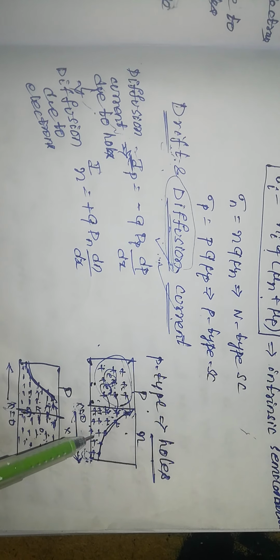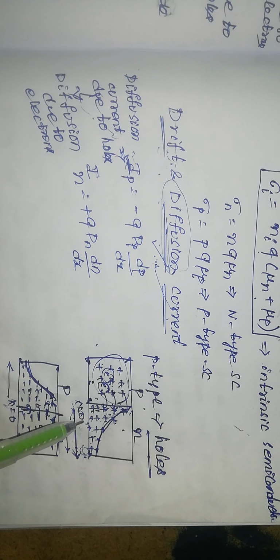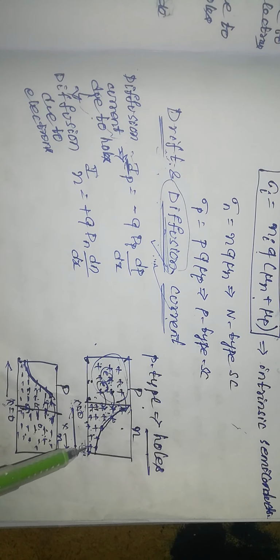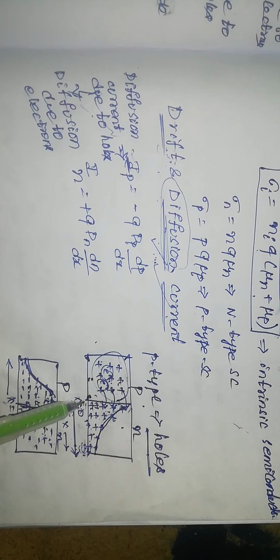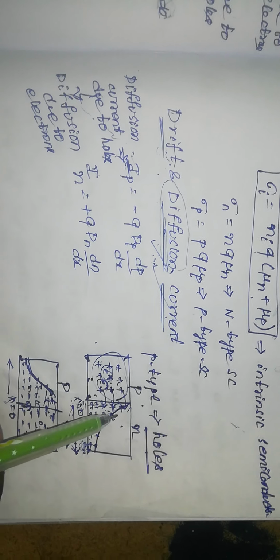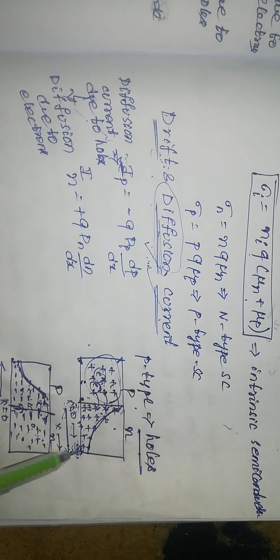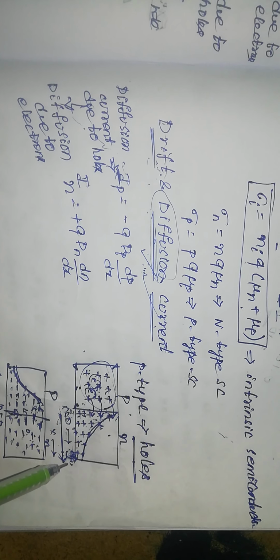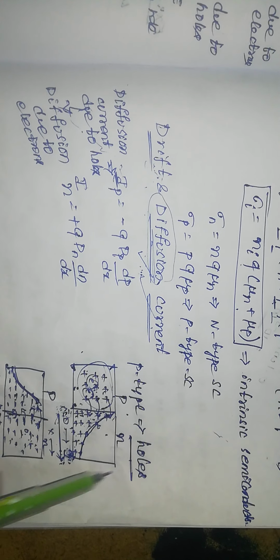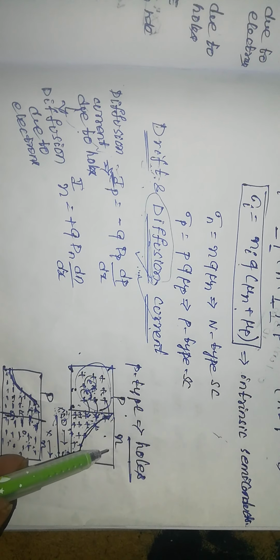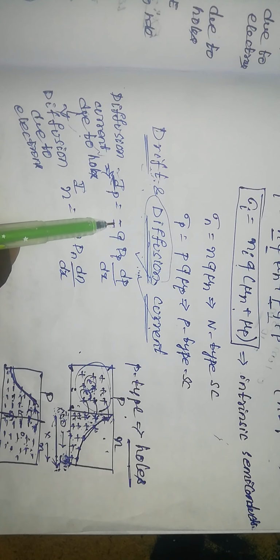We know the current is always in the direction of hole movement, or opposite to the direction of electron movement. As the holes decrease, the concentration gradient decreases, so the current also decreases from x equals 0 up to the length of the n-type semiconductor. Therefore, as it is decreasing in nature, we have kept a minus sign here.